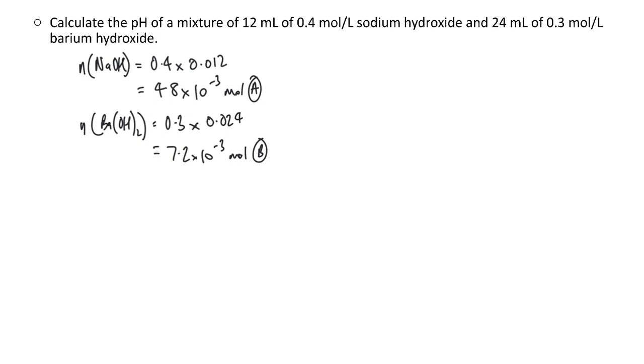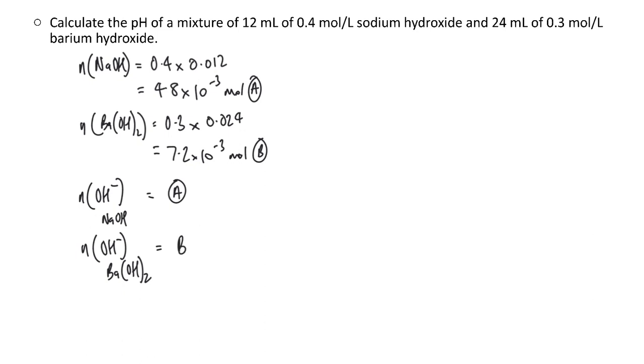Okay, so from this, we have to say that they're both bases. We're going to add the bases together, add the hydroxides together. So we have to work out how much of these hydroxides are from the NaOH. Well, that's just going to be A, because it's going to be a 1-to-1 ratio from the NaOH and the OH minus. Okay, how many moles of OH are we going to get from the barium hydroxide?